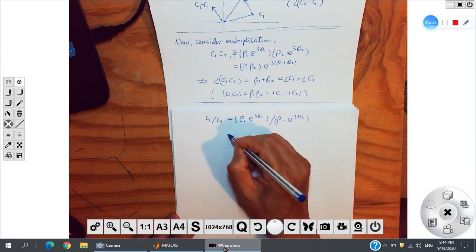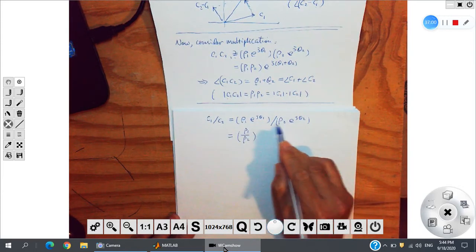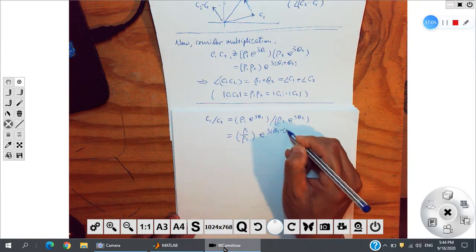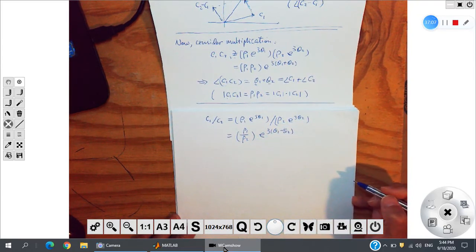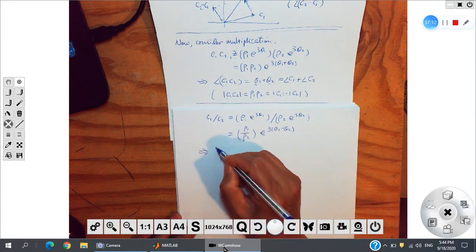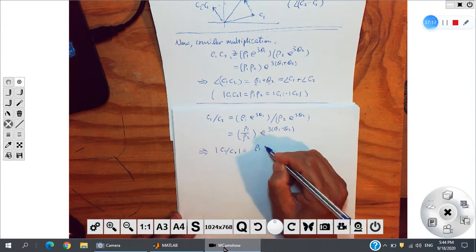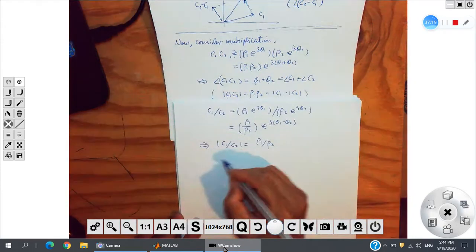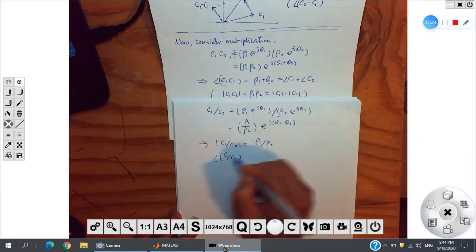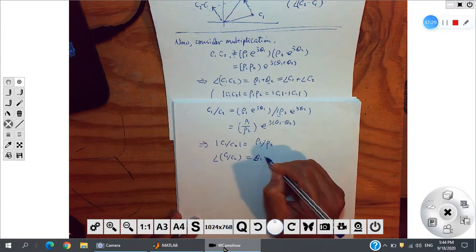This is rho 1 over rho 2 times e to the j (theta 1 minus theta 2). So this is the angle, and this is the magnitude. We have the magnitude of C1 over C2 is rho 1 over rho 2, and for the direction, the angle of C1 over C2 equals theta 1 minus theta 2.